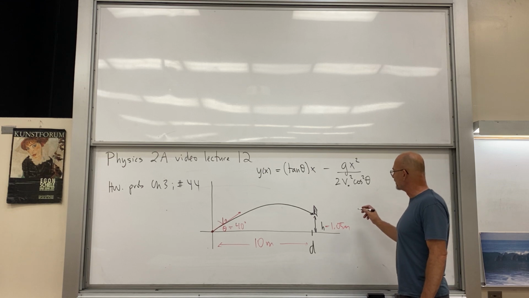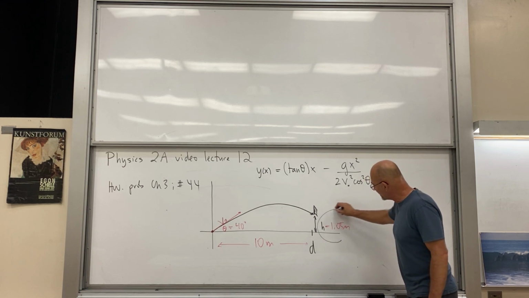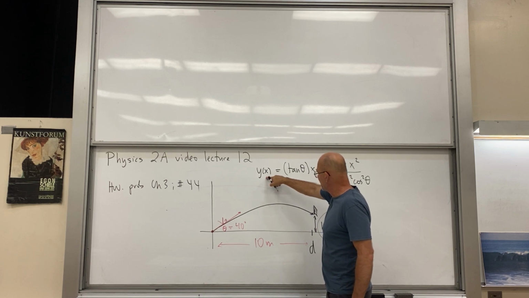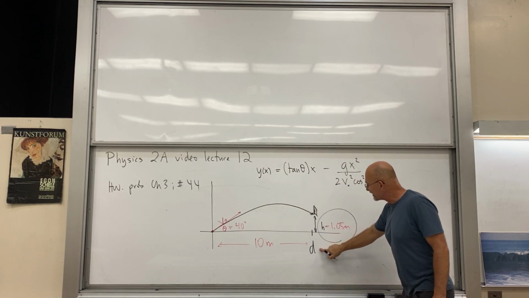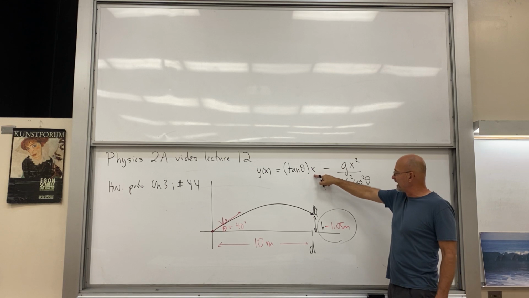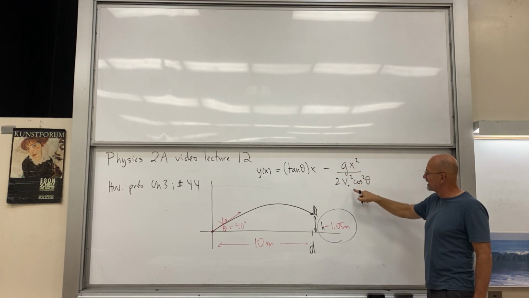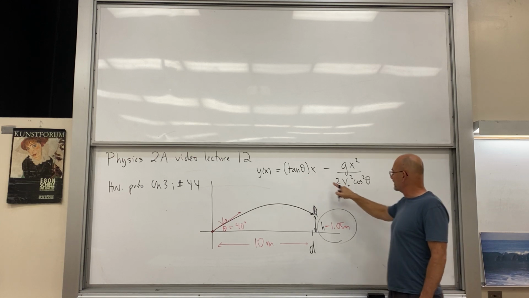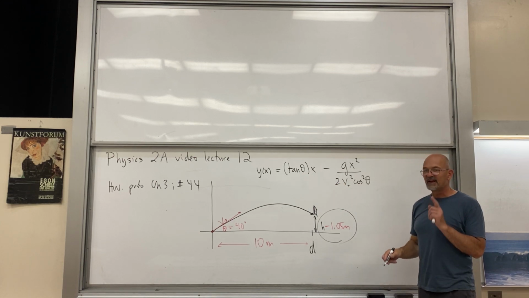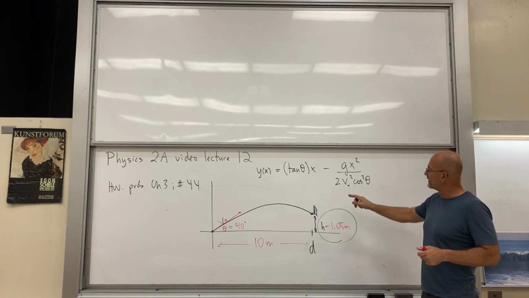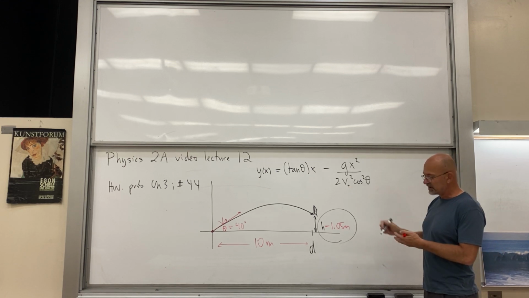So what do we have here? This quantity goes in here, and x is going to be our d equals 10 meters. Here as well, g, theta is 40 degrees. We have a cosine squared. So it's not a beautiful problem, but there is only one unknown here.